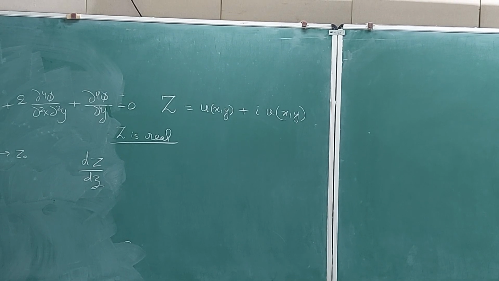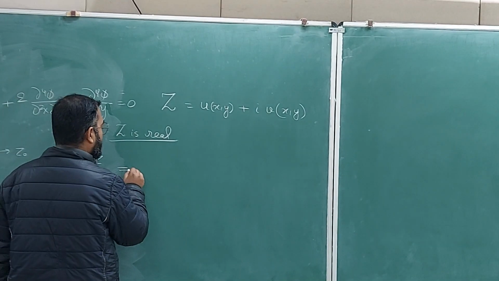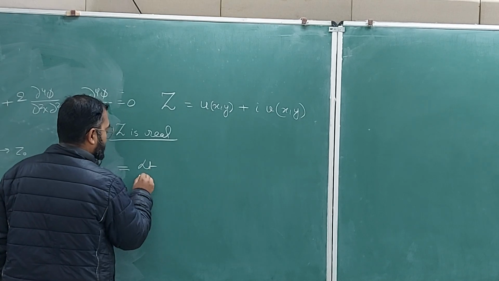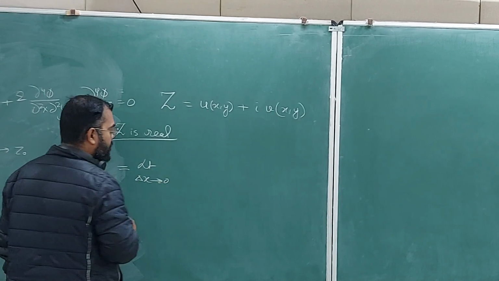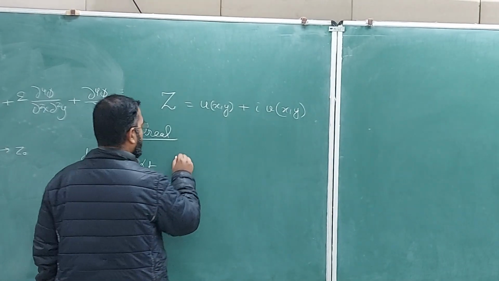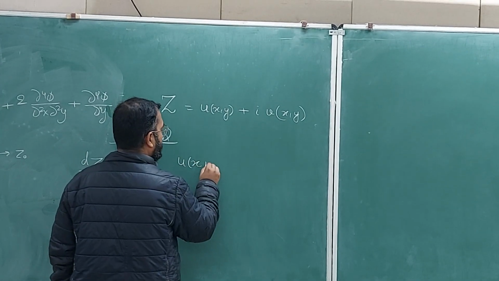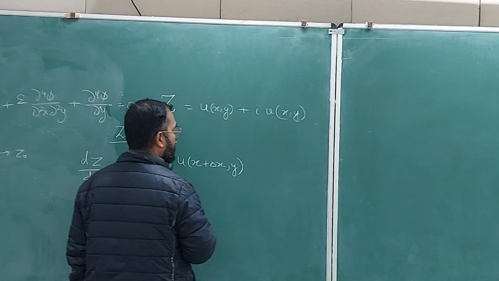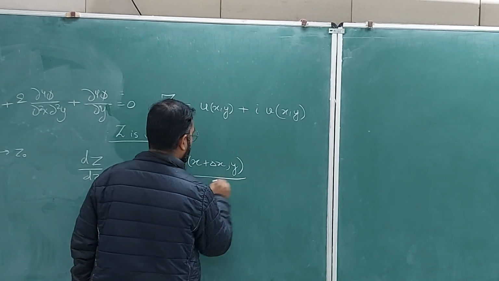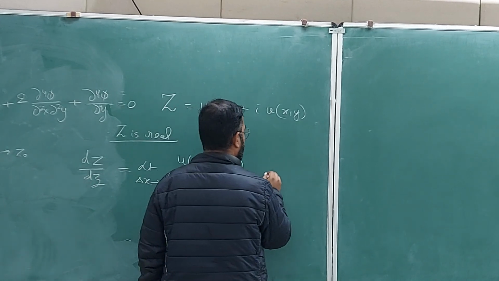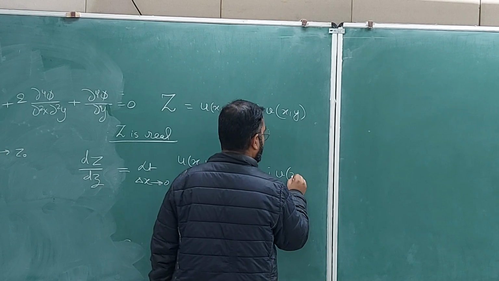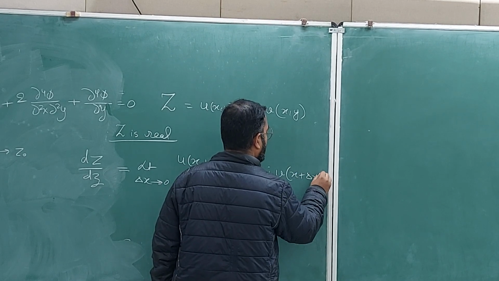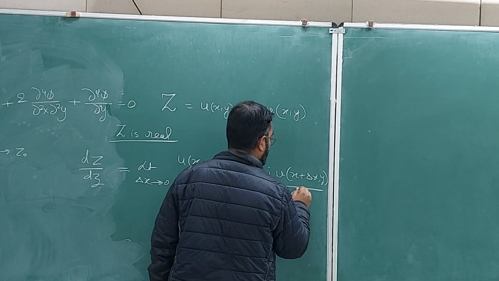Okay. So because it is real, I can write it as the limit delta x tending to 0 of u of x plus delta x, y plus i v of x plus delta x, y, over delta x.